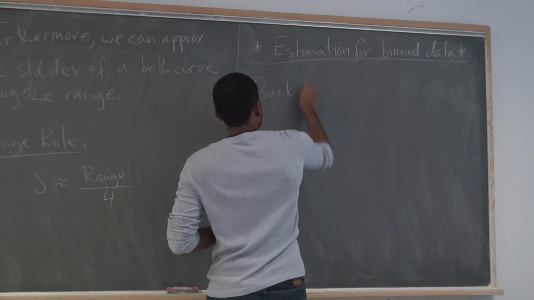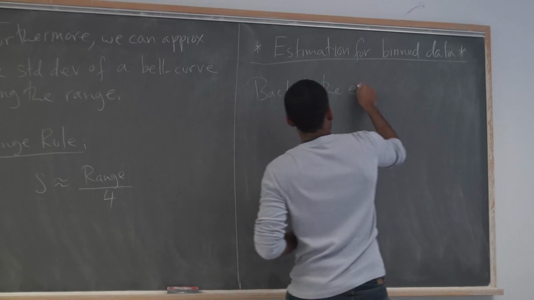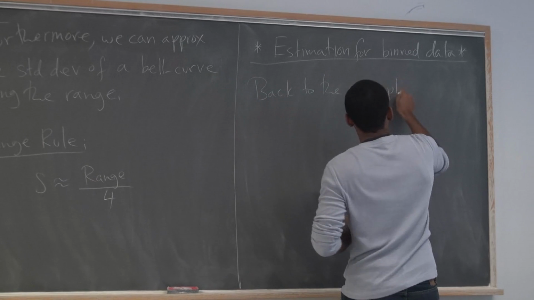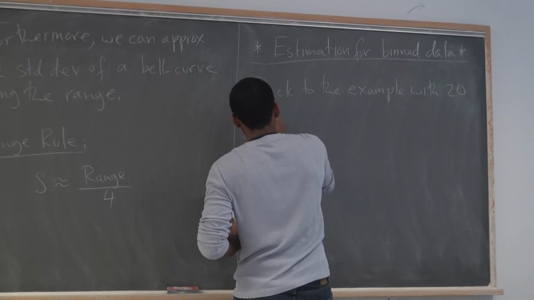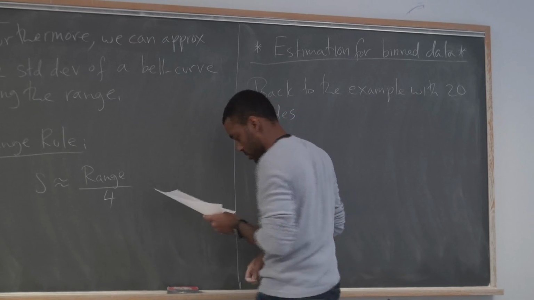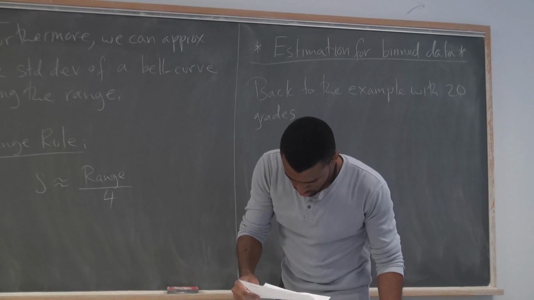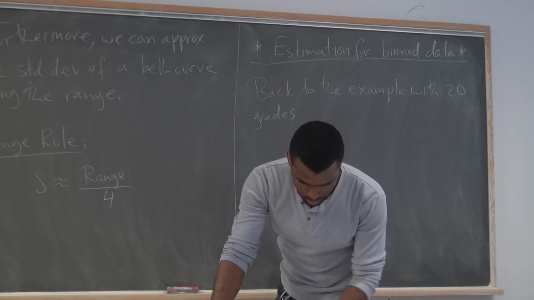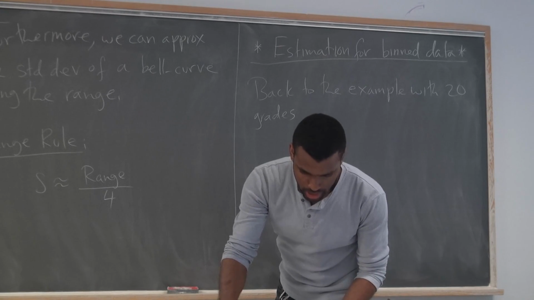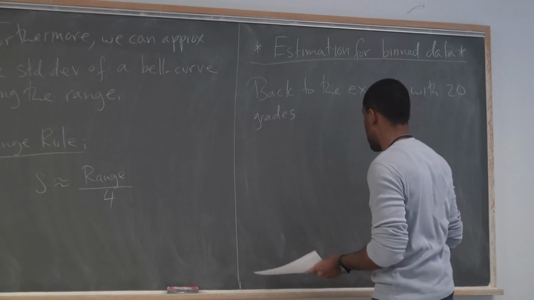Let's go back to the example with 20 grades. I gave you this list before. We did this last time. I gave you that list of 20 grades, and we already put it in a table.